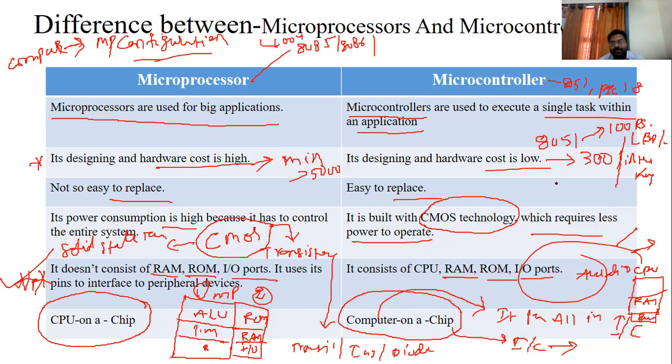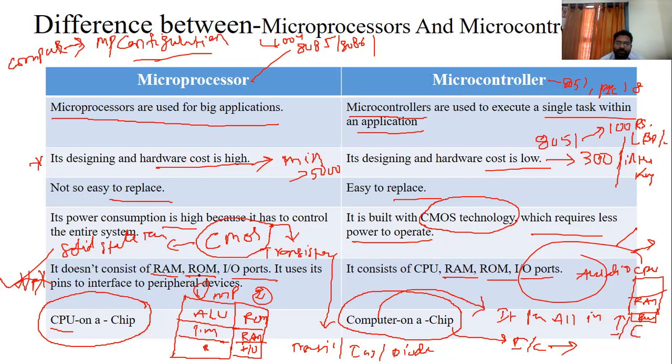This is the major difference. A microprocessor is nothing but a CPU; it has only arithmetic and logical units, timing and control units, and some registers. But whenever it works, it definitely needs RAM and ROM.